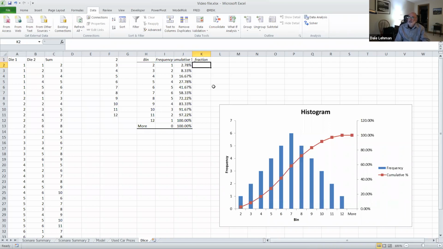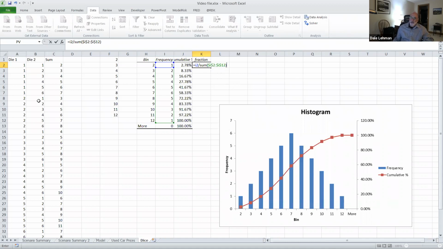And so that frequency of 1 for getting a 2, let's recalculate that as I2 divided by the sum of I2 to I12. And actually we'll make it $I2, $2 to $I12.